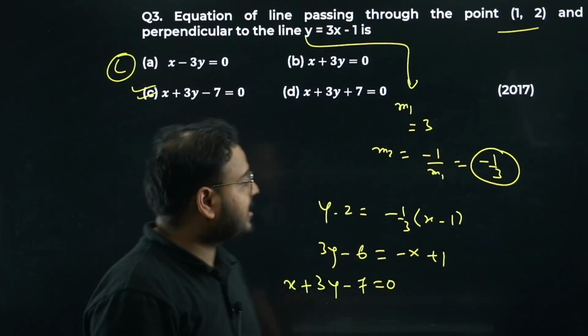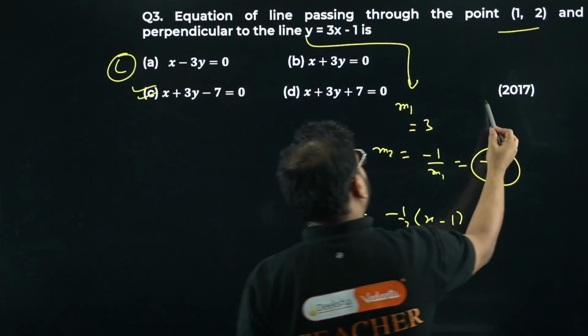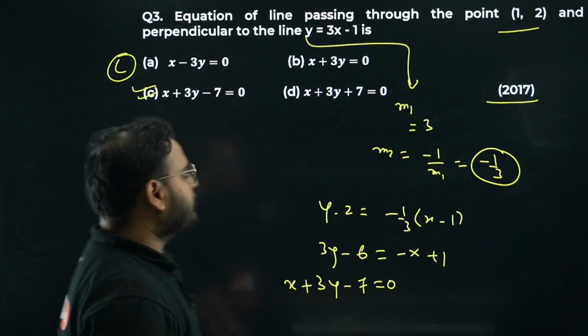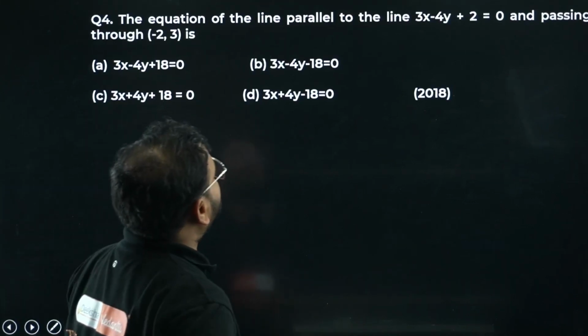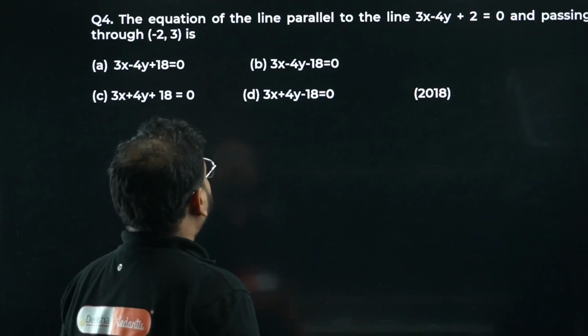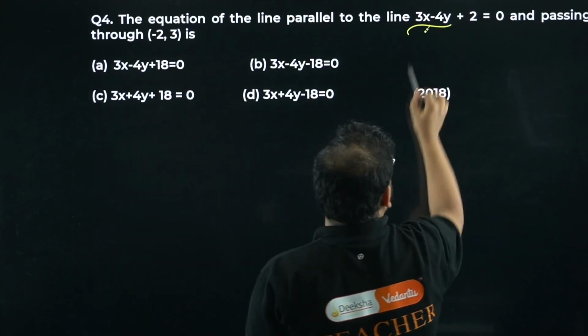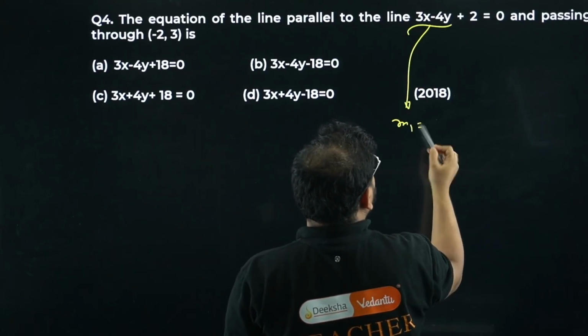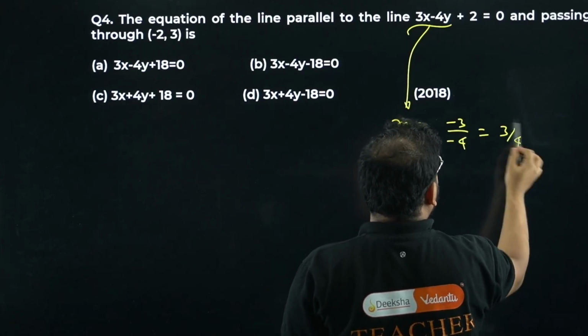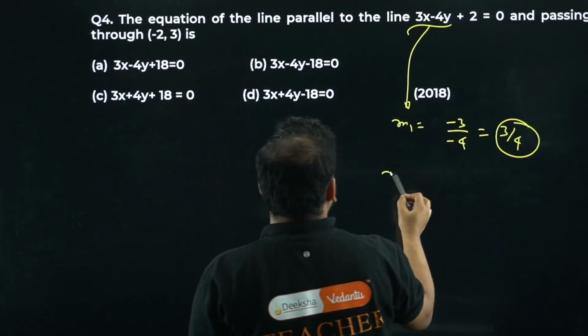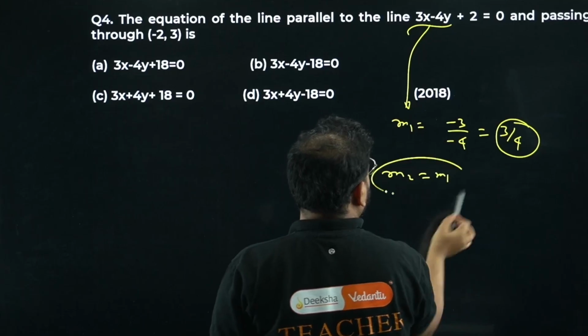Next question now. It was asked in 2017. Question number 4 now. The equation of the line parallel to the line, passing through this point. Parallel means same slope. The slope over here is minus 3 by minus 4, I get simply 3 by 4. Parallel means same slope, m2 equals m1.